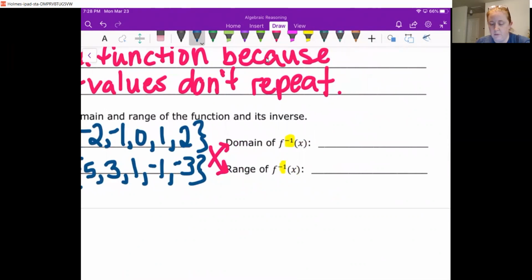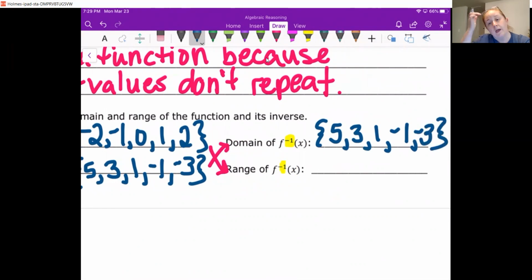So that means my new domain is the same as the old range. 5, 3, 1, -1, -3. And my new range was the old domain, or the old x's. So that was -2, -1, 0, 1, and 2.